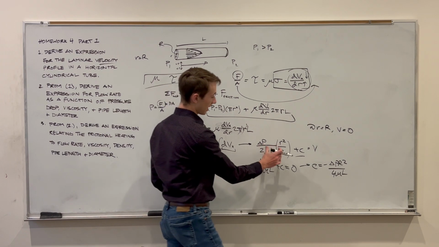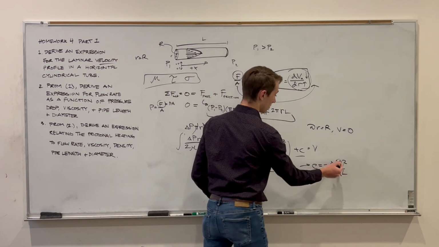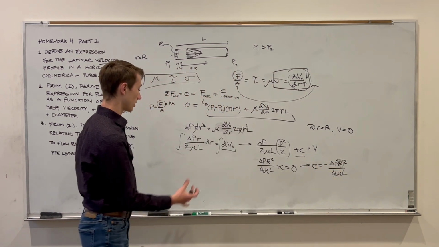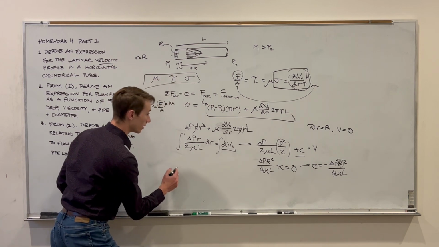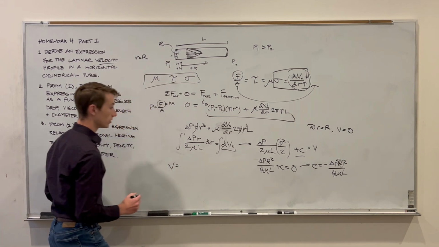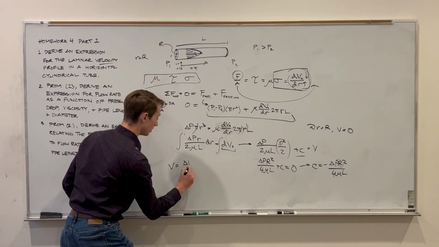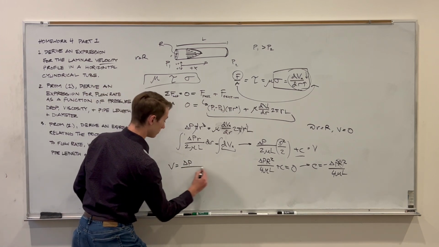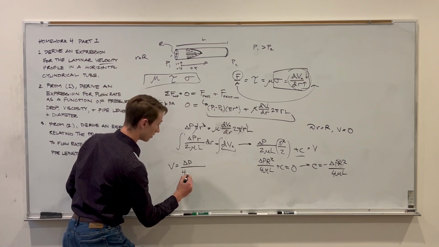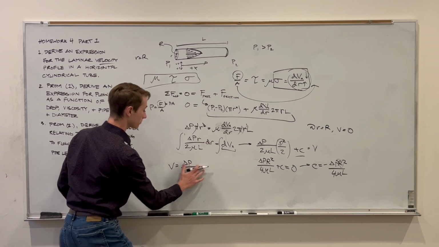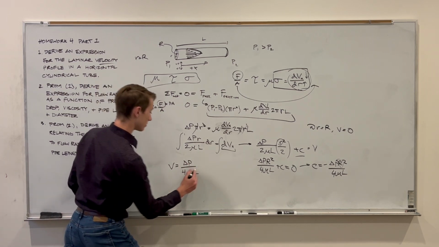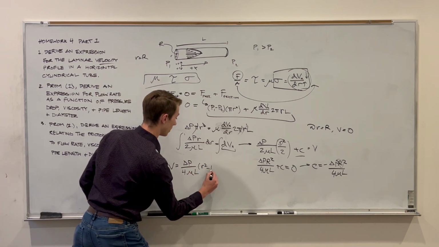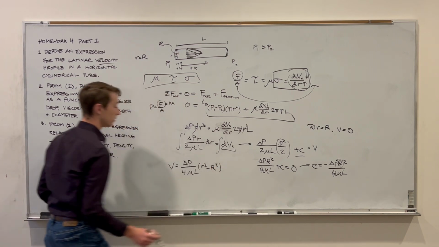You'll notice it's the exact same except for our r variables there. So I'm just going to go ahead and combine those right now. We get velocity equals delta P over 4 mu L times r squared minus R squared.